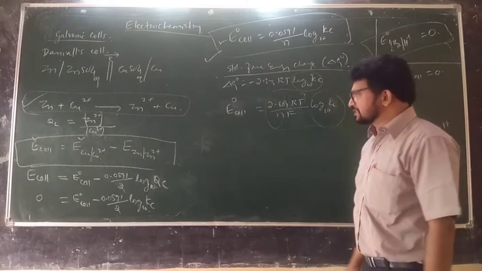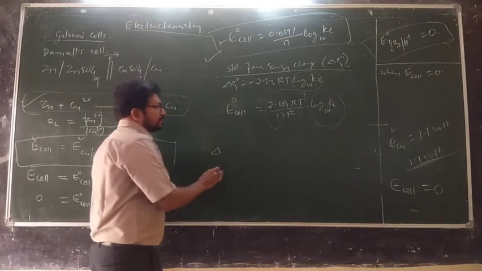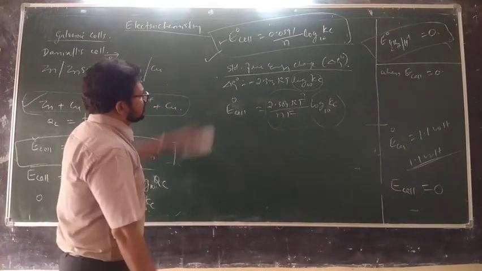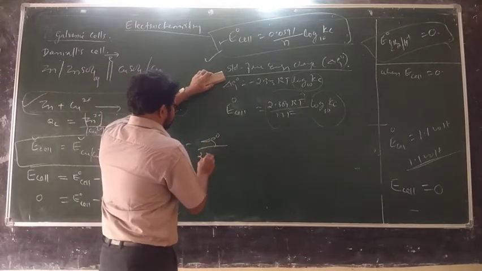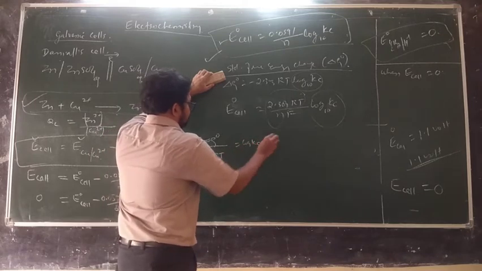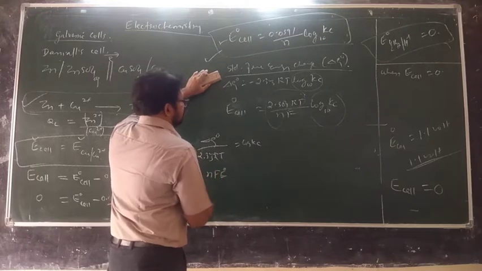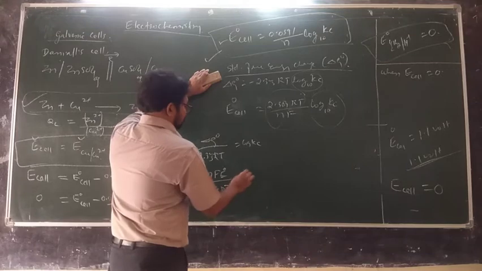If you equate these two, you will get an equation. Delta G naught by minus 2.303 RT equal to log Kc is one equation. Here NF E naught divided by 2.303 RT equal to log Kc.